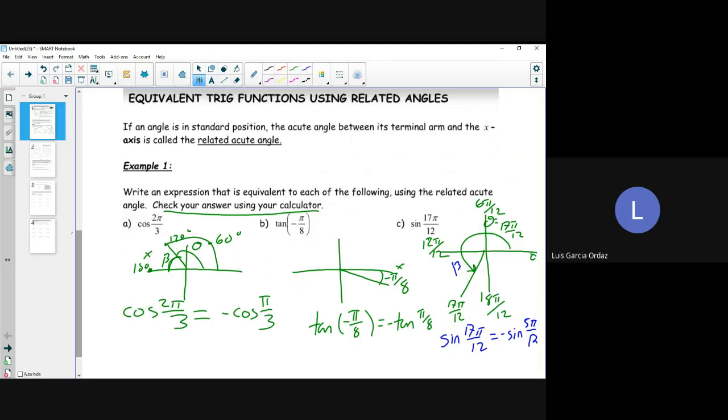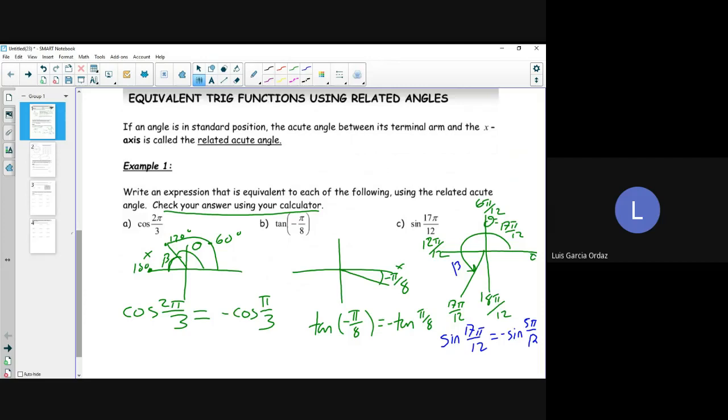You have to find the angle at which sine gives you root 3 over 2. That would be sine of pi over 3. So cosine of pi over 6 is equal to sine of pi over 3, because they give you the same ratio.